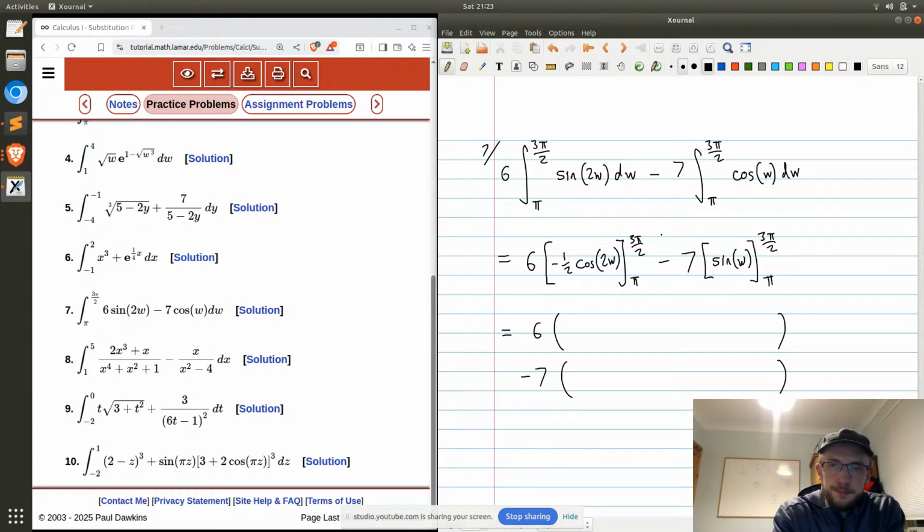Minus 1, isn't it? And what is cosine of 2 pi? 1.